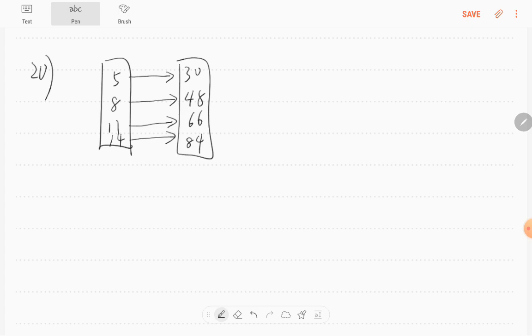For this one, this is the function, right? Each element on the left side corresponds to only one element on the right side. So this is a function. What is the domain? Domain is the collection of elements on the left side. So the domain is 5, 8, 11, and 14.